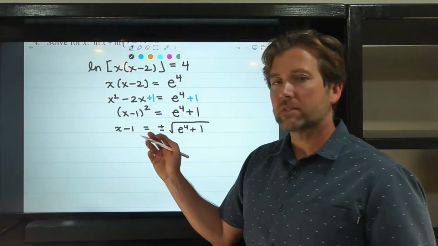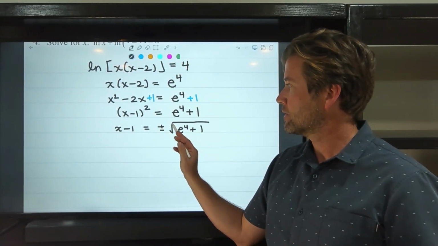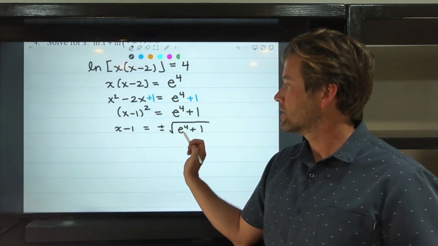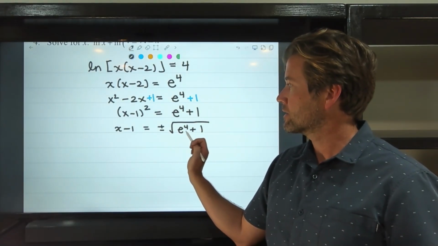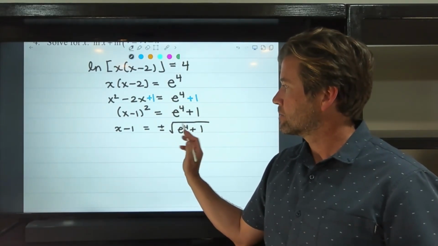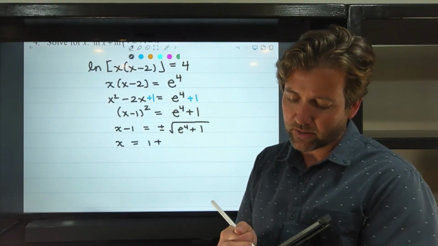It might be really tempting to take the square root of e to the 4th and then also take the square root of 1, but you're not allowed to do that. That's illegal. You can only take the square root if this is the product of 2 numbers. I cannot rewrite this, so I'm going to leave that alone. I'm going to add 1 to both sides of the equation.